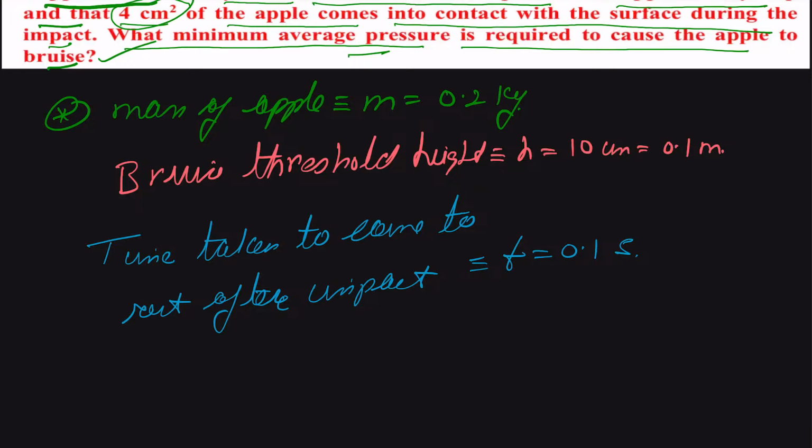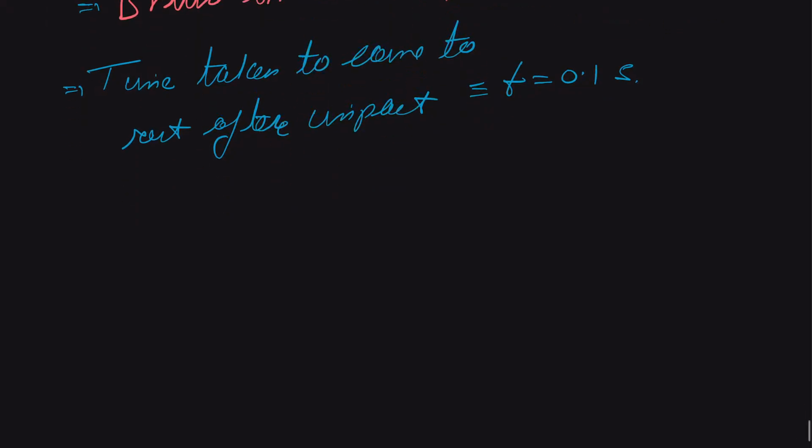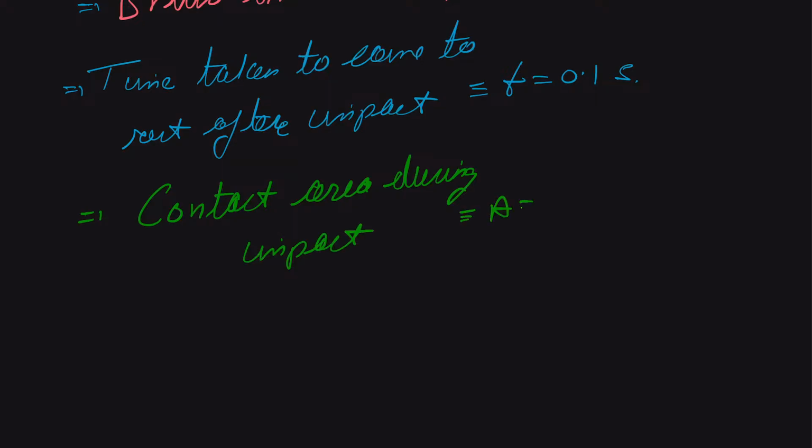And the area that will be coming in contact is also given to us, and that is our A. We can say contact area during impact is A, which is given as 4 centimeter square.